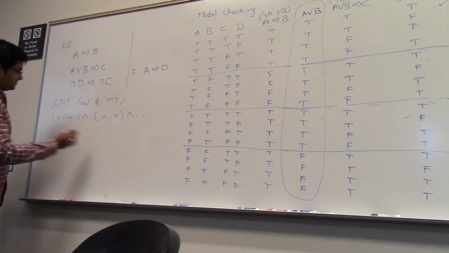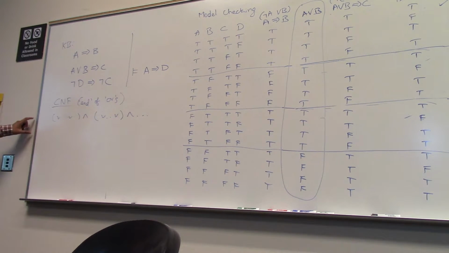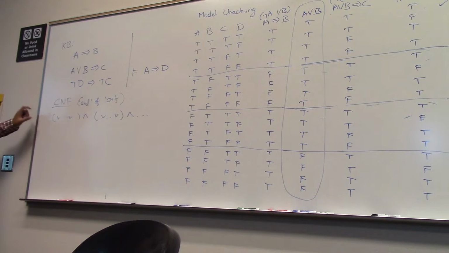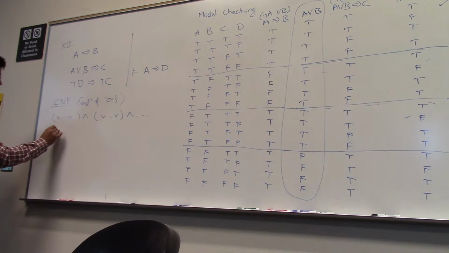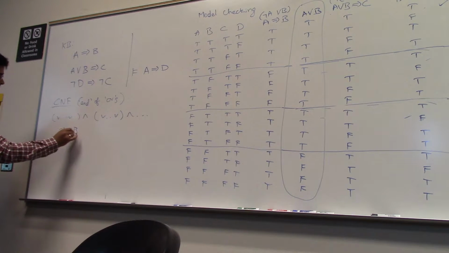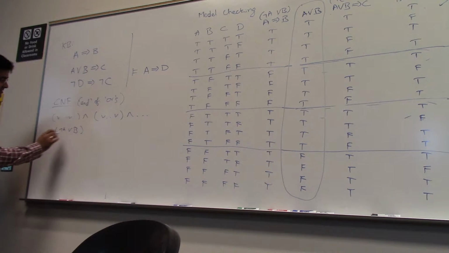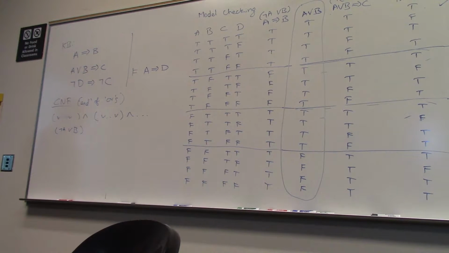So this is basically CNF form, and we want to convert each one of these into such form. So this one translates to not A or B. This is one OR form, so this is a valid way. Okay, it's already in CNF.